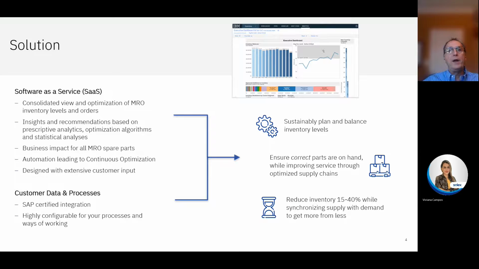That's what we're trying to do here. Optimize your stocking levels, reduce where we can reduce, increase where we need to increase to match a service level. And the idea, if you can crack the code, well, you can reduce your inventory up to 15 to 40% while synchronizing the supply side with the demand side. That's what we've seen with some of our customers.